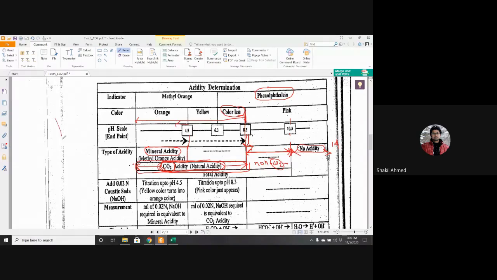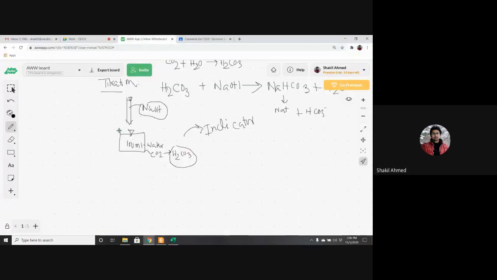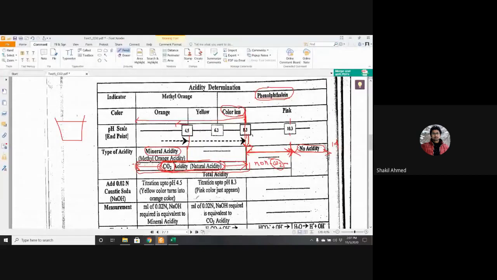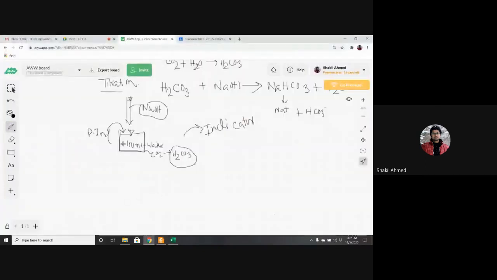So in this sample you take water. Before addition of sodium hydroxide, if you drop phenolphthalein indicator and you see that the color became pink, what does that mean?